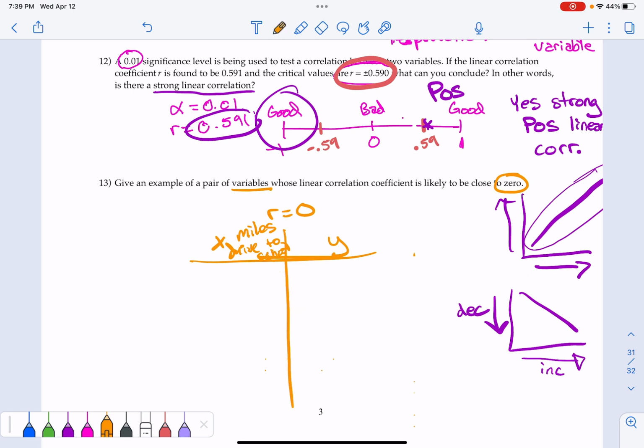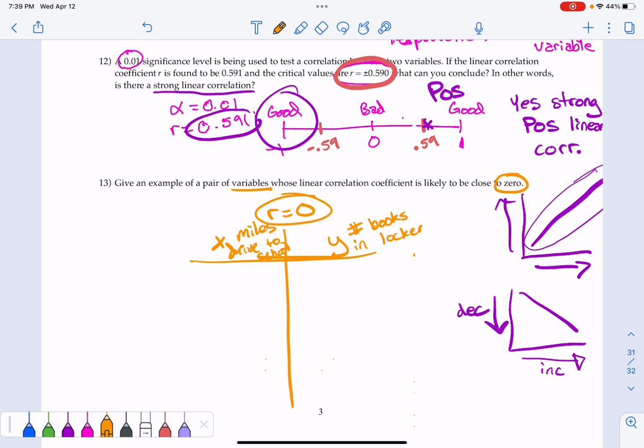So the number of miles you drive to school, I'm going to say is my x variable, and for the y variable, let's do something completely unrelated. We could do the number of books in your locker. Those things are completely unrelated to each other, okay? It's not necessarily true that if you drive more miles to school, you have more books in your locker. Those two things are completely unrelated. So they would probably have an r value that's close to 0, okay?